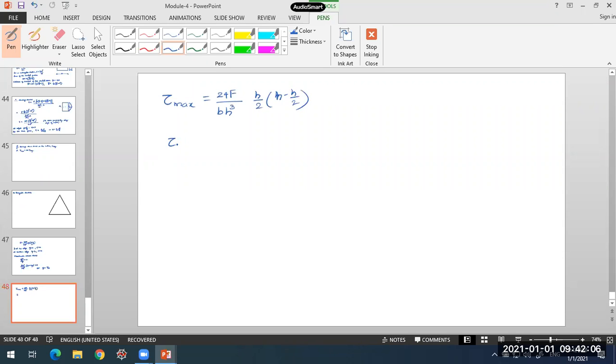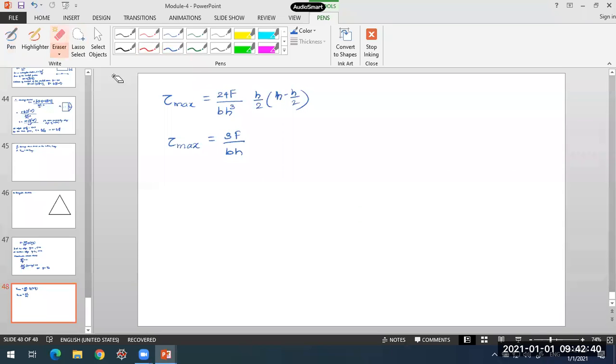So tau max will be equal to H by 2 into H square by 4, or H square, H is gone, 4, that will be 3F upon B into H. Please see this simplification of 3, 6.